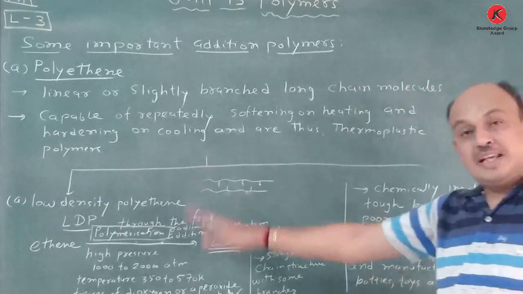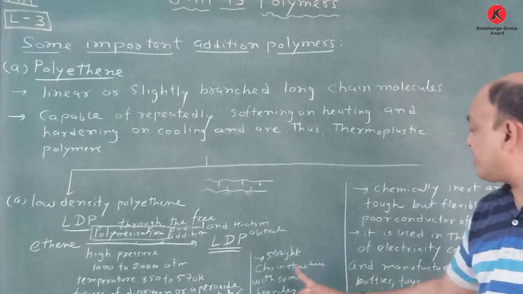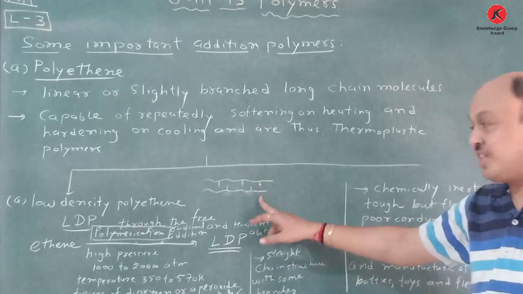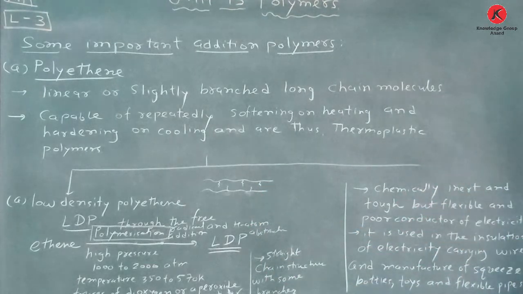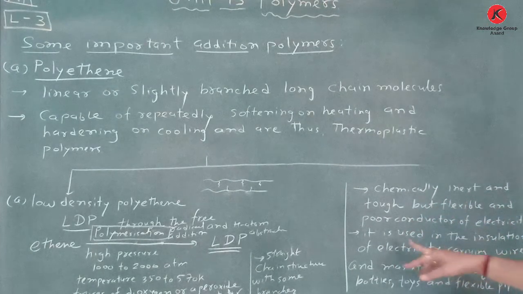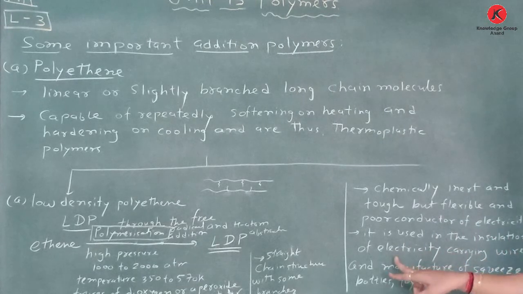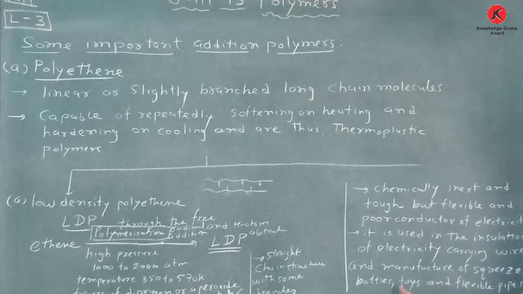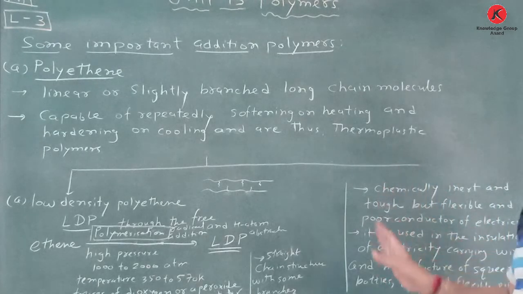So this is about low density polythene, which has a straight chain structure with some branches. It is chemically inert and tough but flexible and a poor conductor of electricity. It is used in the insulation of electricity carrying wires, and manufacture of squeeze bottles, toys, and flexible pipes. This is all about low density polythene.